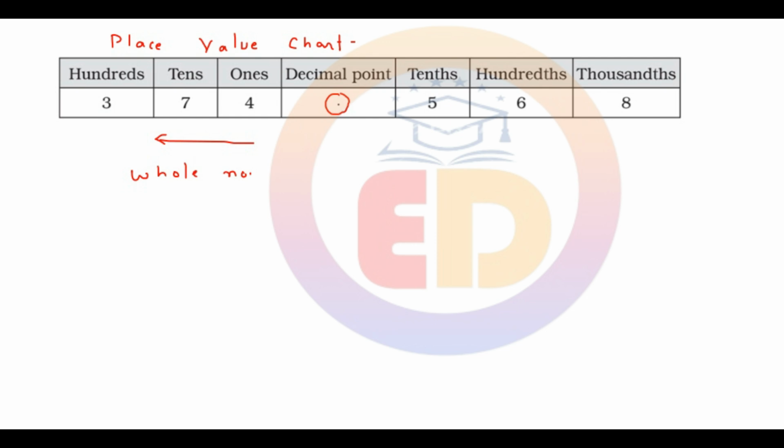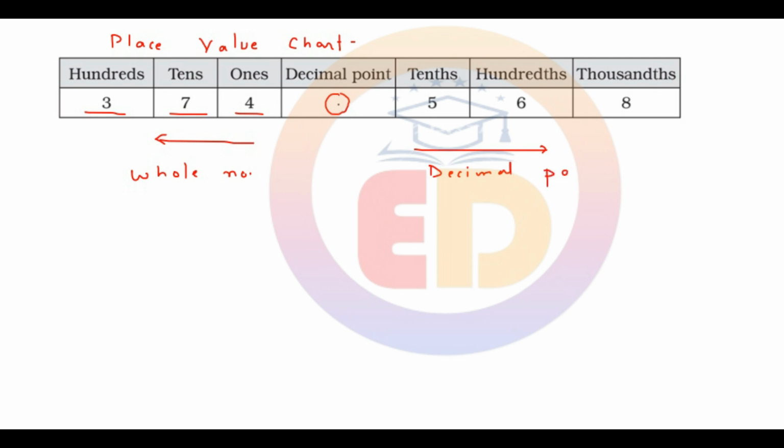The places for the whole number will be similar to what we have for natural numbers: ones place, tens place, hundreds place, thousands place. It will move ahead.